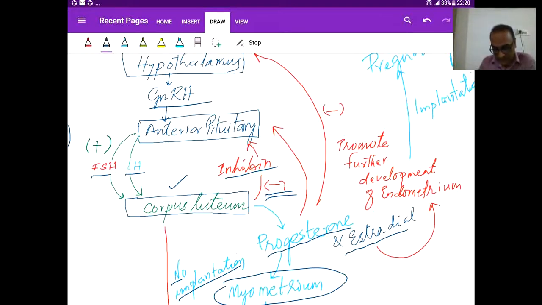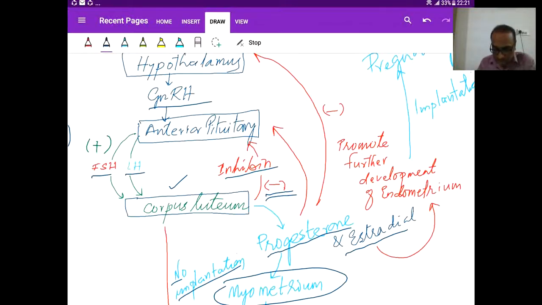So that is happening because there is no pregnancy. Okay, there is no implantation, no pregnancy, no need of more progesterone being released. Clear? So no need to have any further stimulation of the corpus luteum from the pituitary hormone. So therefore inhibin makes sure that the release of FSH and LH is stopped.